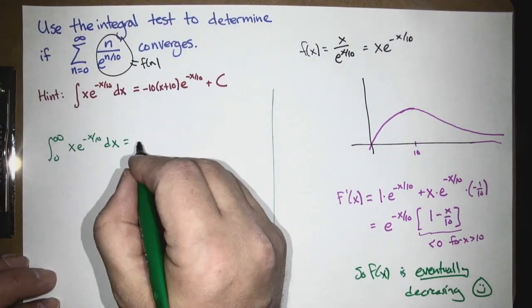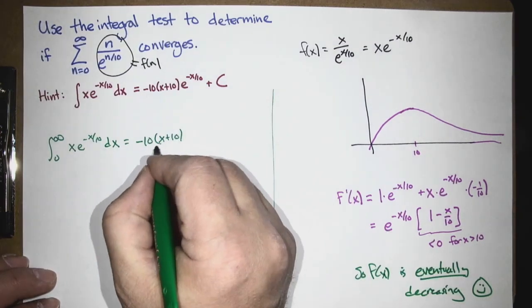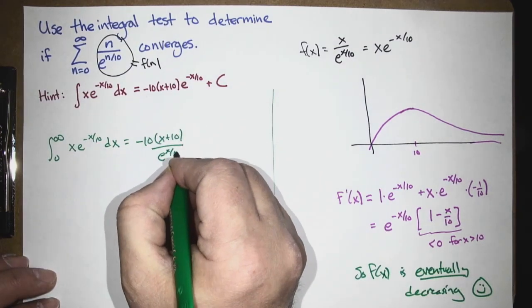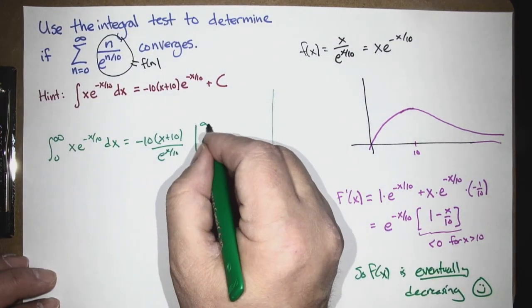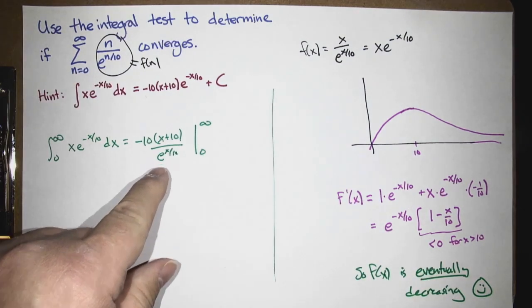And so, very conveniently for us, we have the expression for the integral written down. I'll go ahead and write it down again. Evaluate from 0 to infinity. Now, what happens when you plug in infinity into this expression?